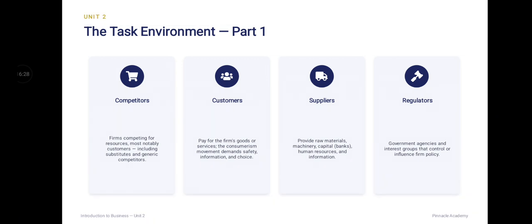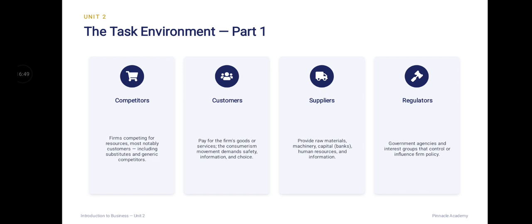Let us now go on to look at the task environment. So the task environment is more specific. These are the players who influence a business directly, and there are seven of them. The first being competitors. Competitors are other organizations fighting for the same resources.